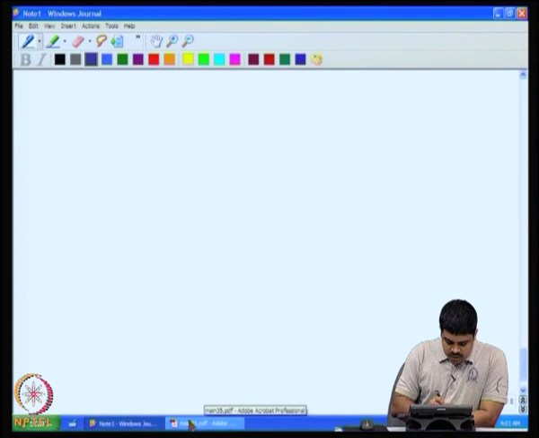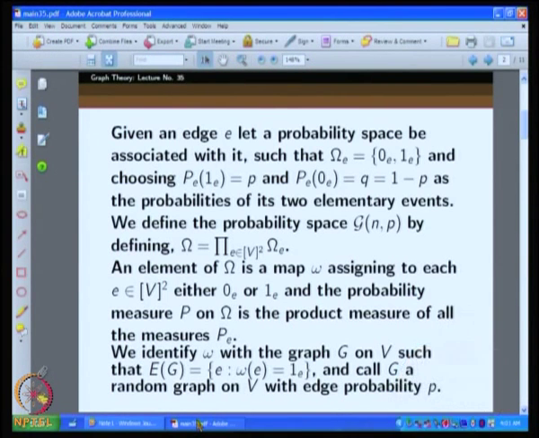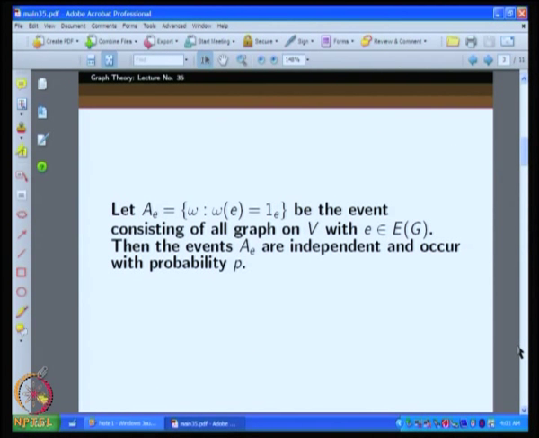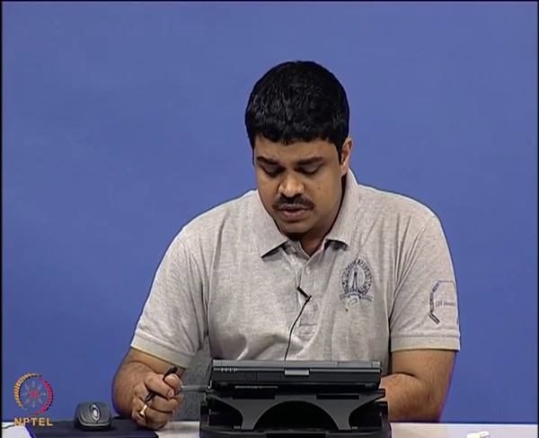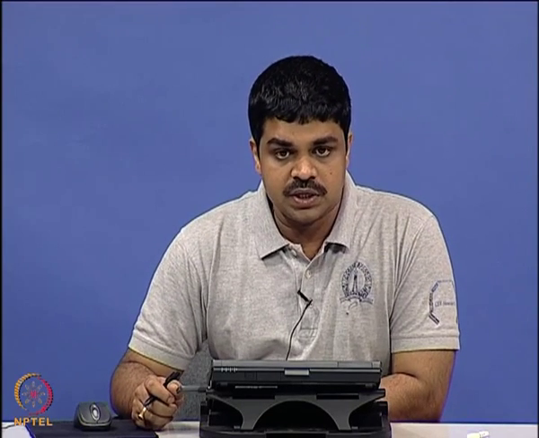And now, the only other thing we have to understand is this. Suppose the probability that a particular edge is present in the graph is p, and suppose there are two edges E1 and E2. What is the probability that both of them are present?